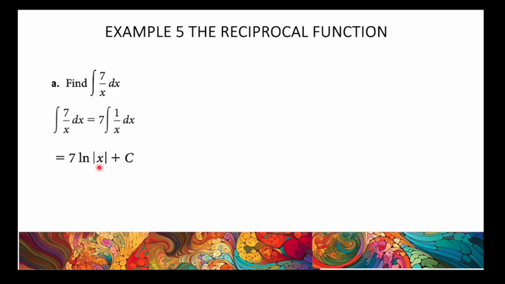We cannot take the log of 0 or of a negative number. It doesn't exist, so that would be undefined. So we want to make sure that we put absolute value signs around that so that we don't run into that problem. And then, of course, we have to add in our plus c.